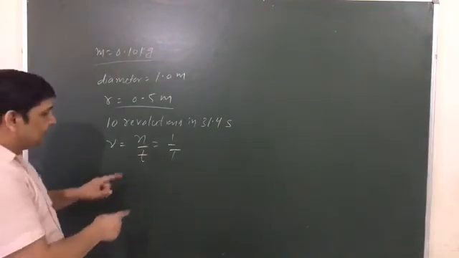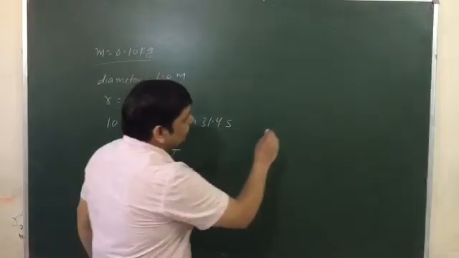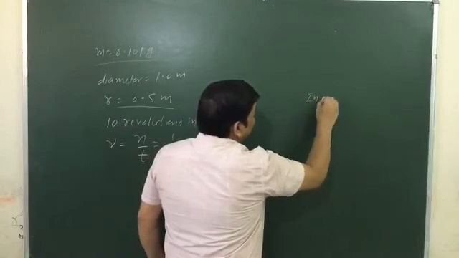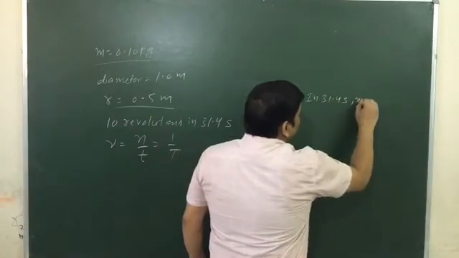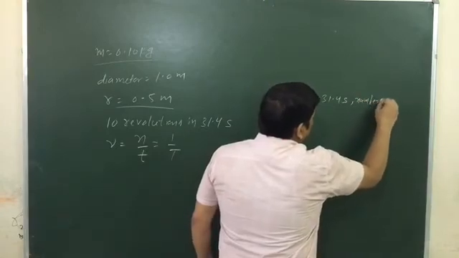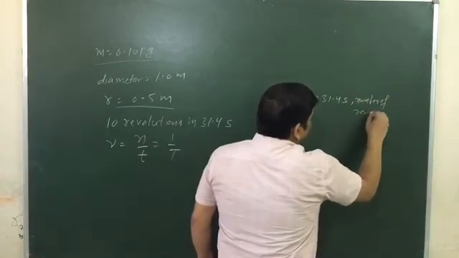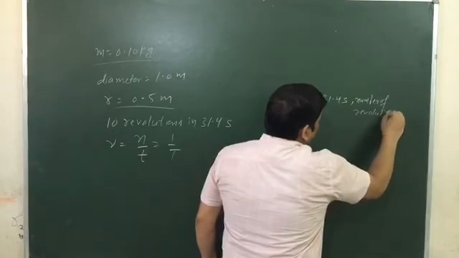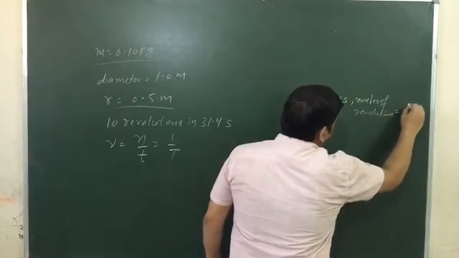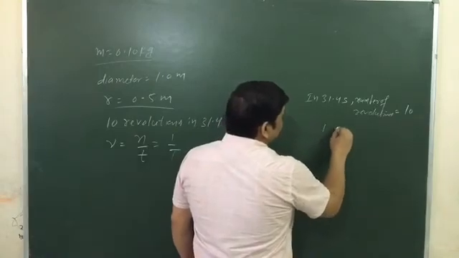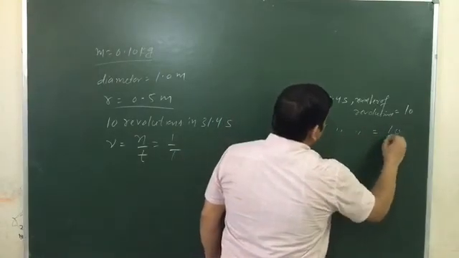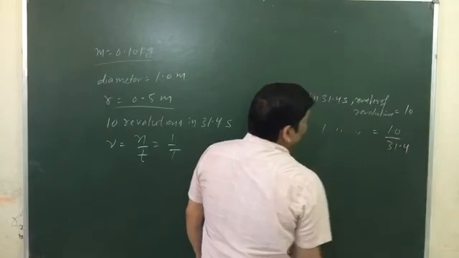We know that in 31.4 seconds, number of revolutions is 10, and in 1 second number of revolutions is 10 by 31.4.